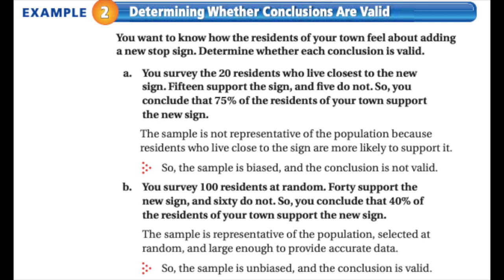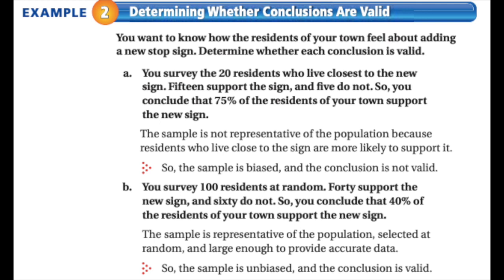A, it says you survey the 20 residents who live closest to the new sign. 15 support the sign and 5 do not. So you conclude 75% of the residents of your town support the sign. This obviously is not valid because the sample is just the residents that live close to that stop sign. So they're going to be biased, possibly.